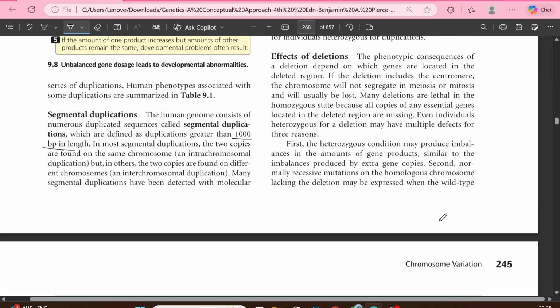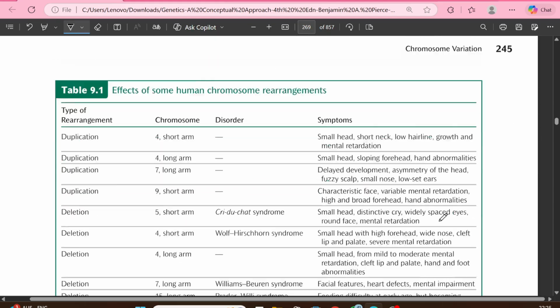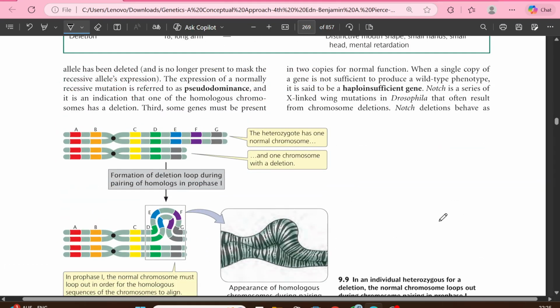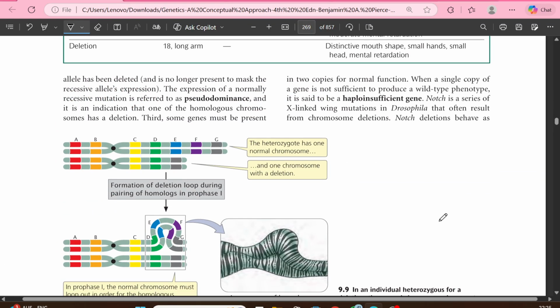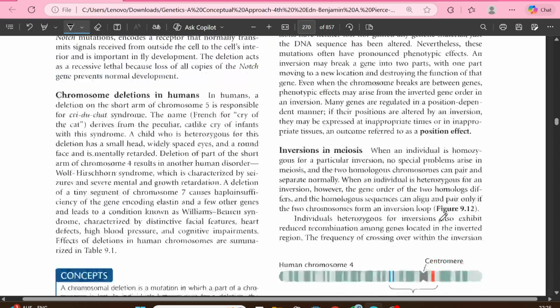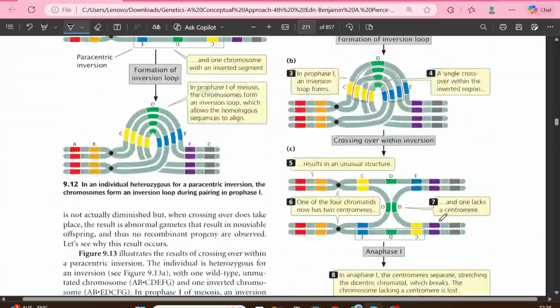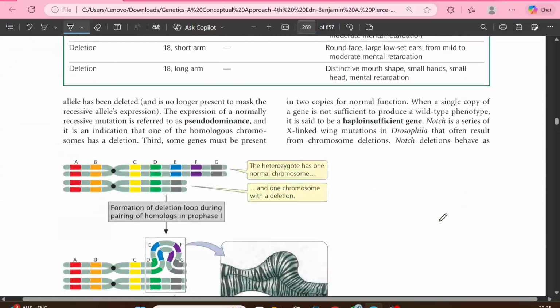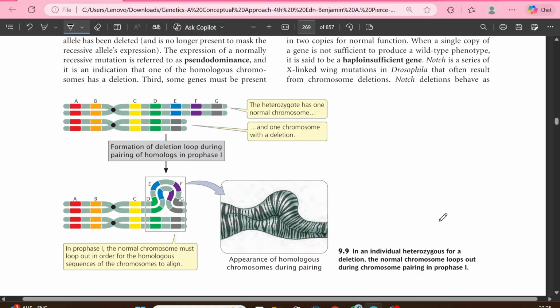Now if we talk about deletions, there can be two different types of deletions, one of them being the terminal deletions and the other being the interstitial or intercalary deletions. See what happens generally in the terminal and the interstitial or intercalary deletions. If you see here, F and G genes are removed, and these F and G genes were present at the terminal position.